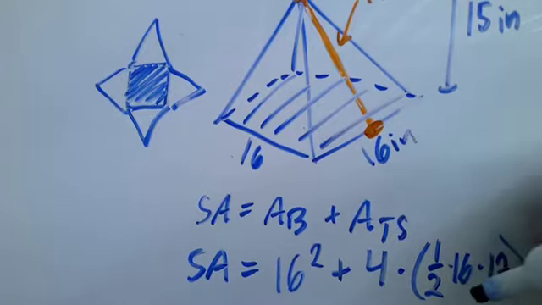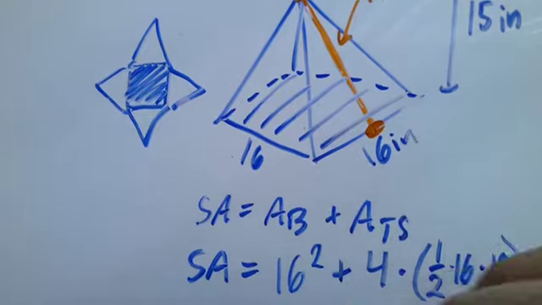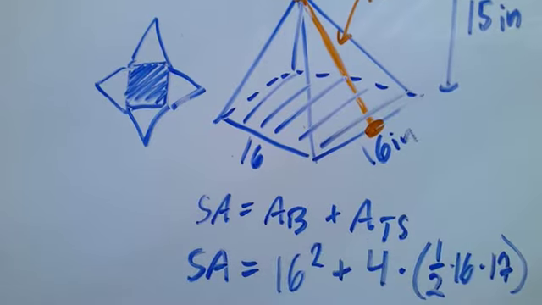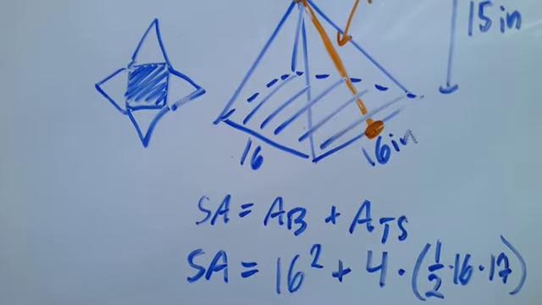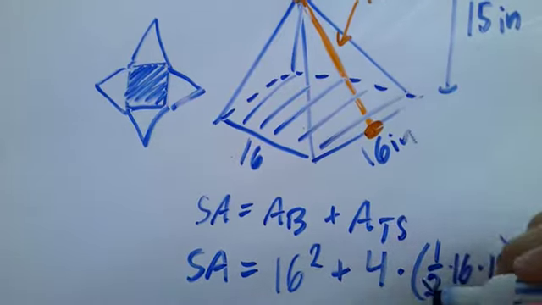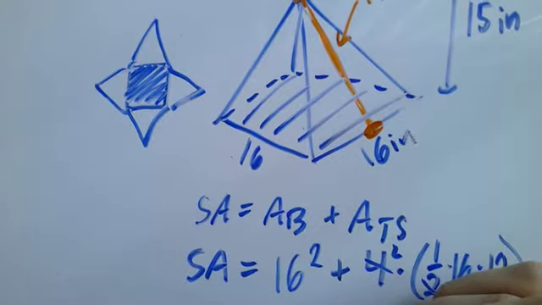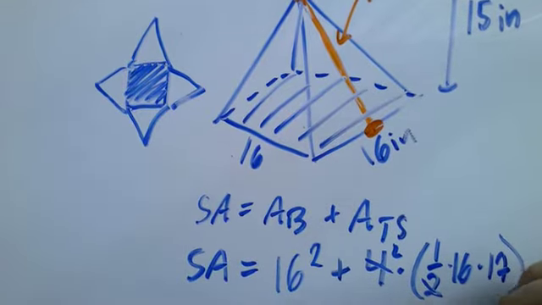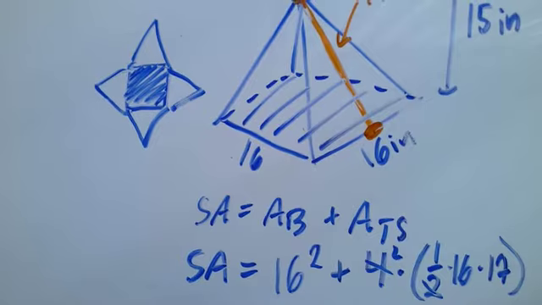Now there's a little bit of canceling that can be done, even though overall the calculation is somewhat nasty. And so we're just doing 16 squared, cancel those out, plus 32 times 17.